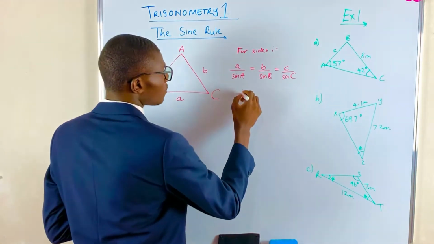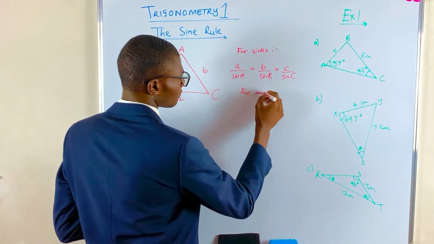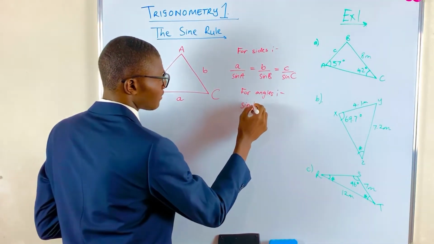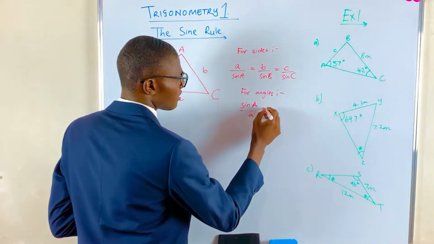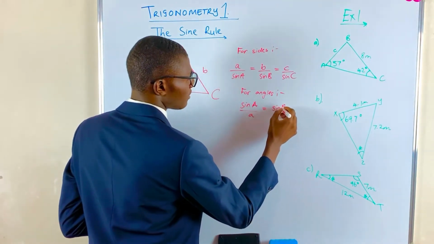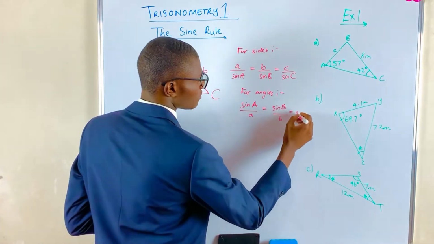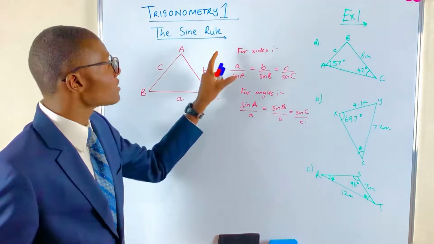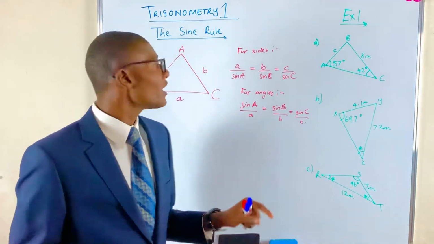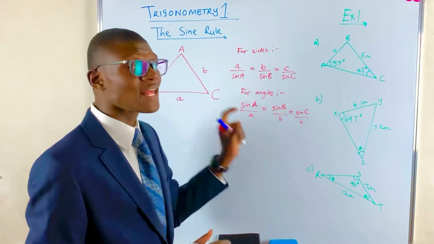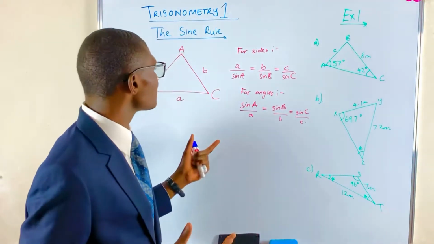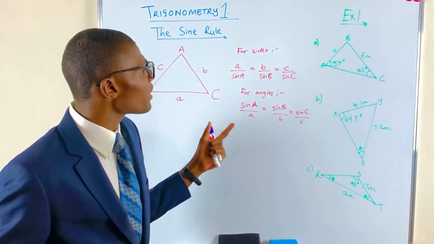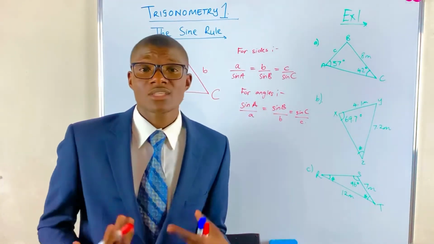And then for angles, we say that sine A over A is equal to sine B over B, which is equal to sine C over C. The most important thing to know with the sine rule is that there are situations whereby we'll be given triangles that are not right-angled triangles, but we are required to find either the angles or the sides.